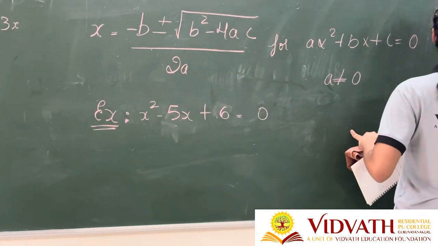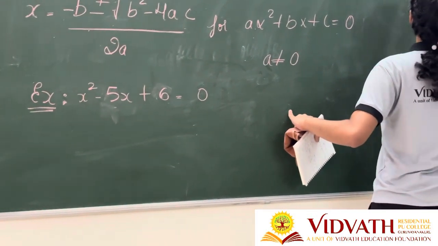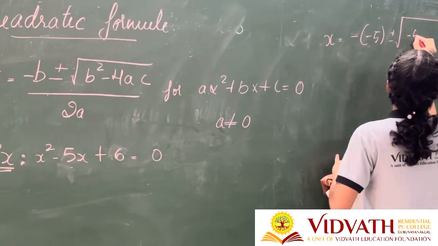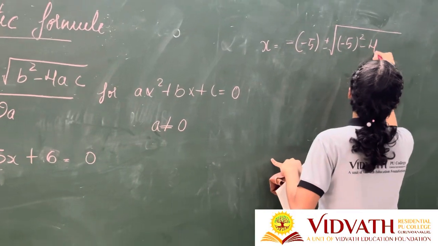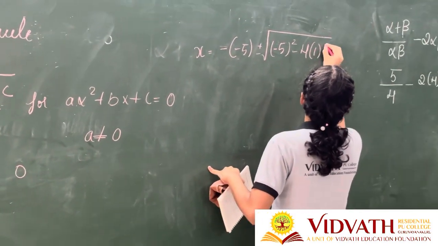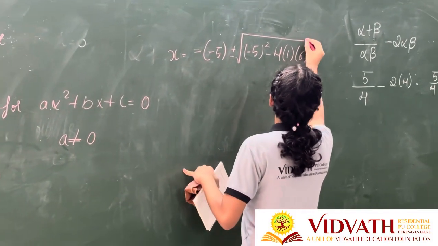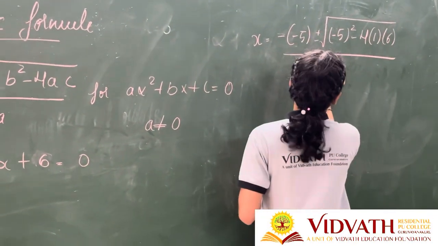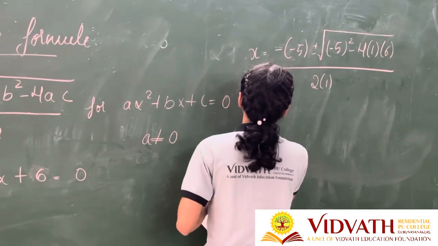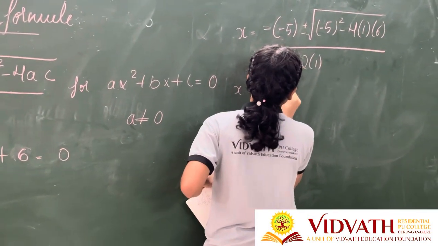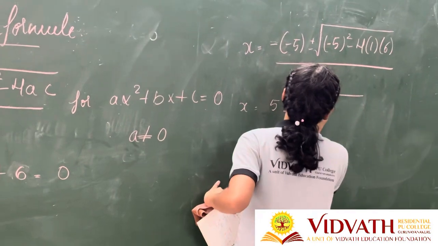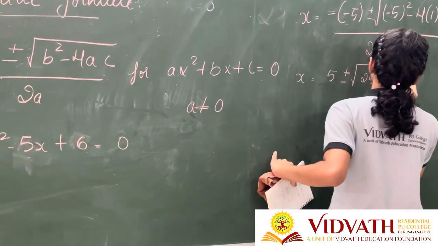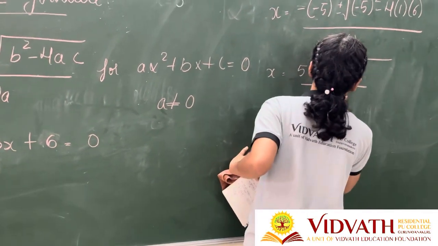Yeah, x is equal to minus of b, that is minus 5, plus or minus root of b square, minus 5 whole square, minus 4 times the a value, times the c value, 6. So x is equal to 5 plus or minus root of 25 minus 4 times 6, that is 24, divided by 2.